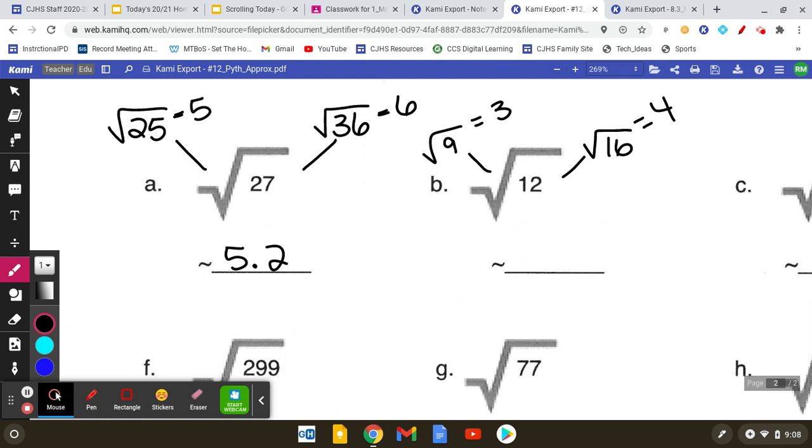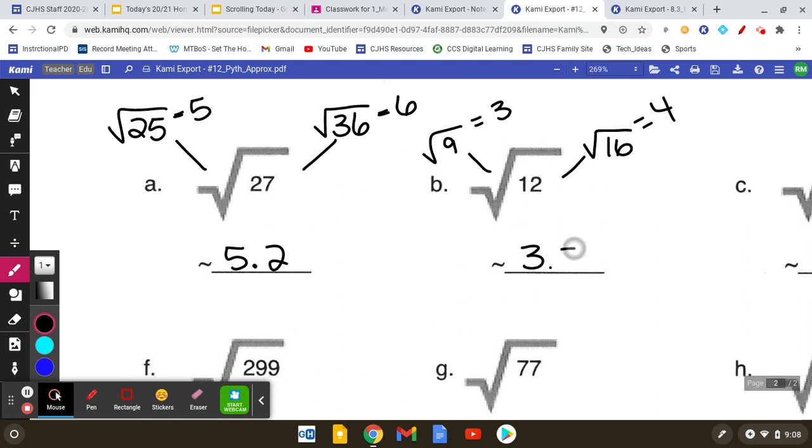So what do we want to say this one is? 3.5? I could go with 3.5. I think 3.4, 3.5, or 3.6 would be fine; 3.4 or 3.5 would be good.